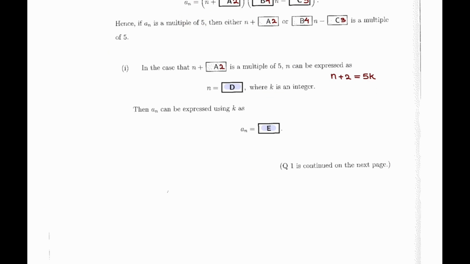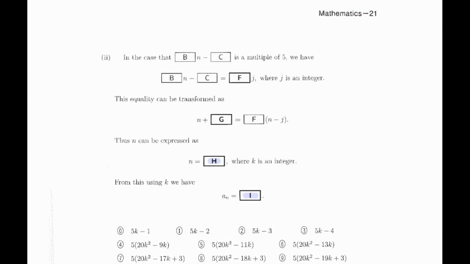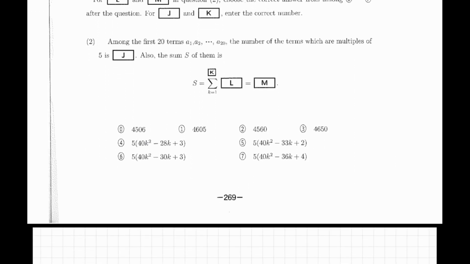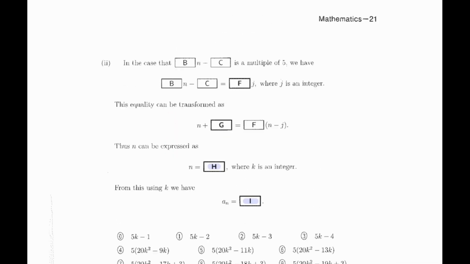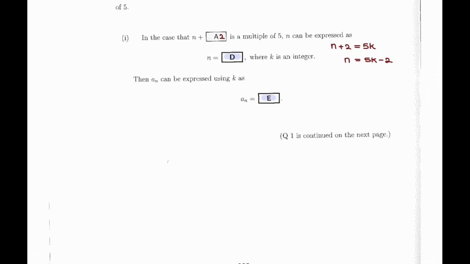That means n is equal to 5k minus 2. So for D, we need to find the answer from the choices below. 5k minus 2 is number 1. So I think the correct answer for D is number 1.